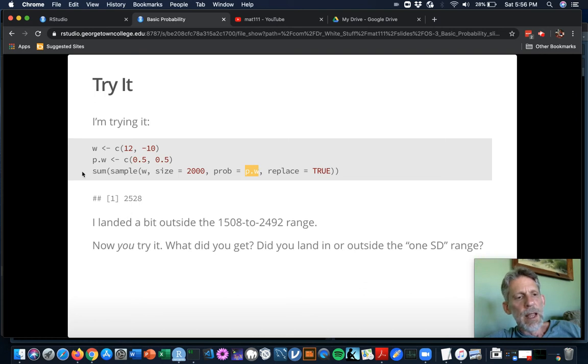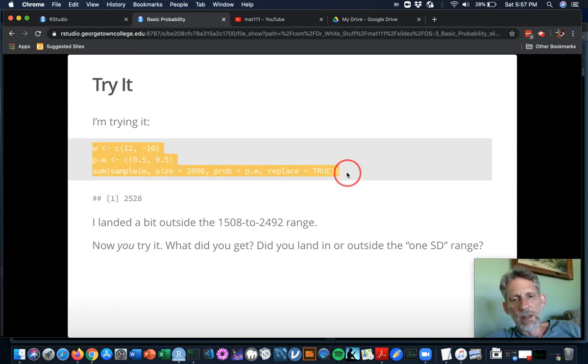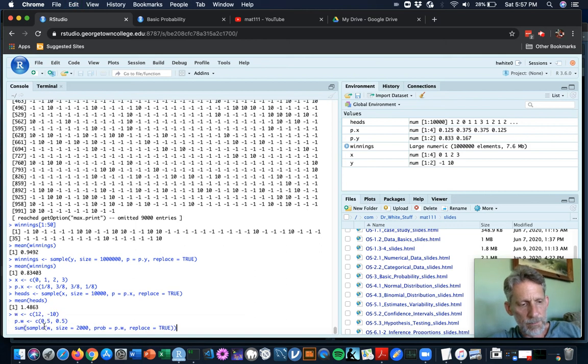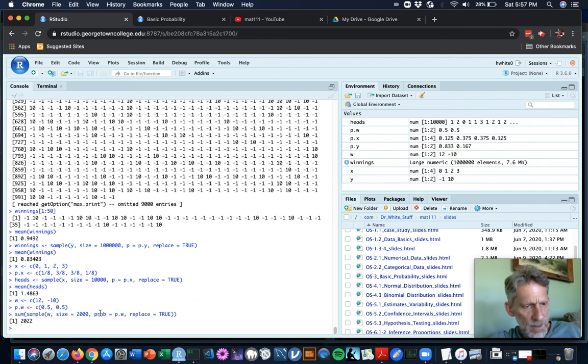Replace as true. And after we sample, we're just going to sum it right up. So copy this code, head to RStudio, paste. And so I got $2,022. It came out $2,022 ahead.